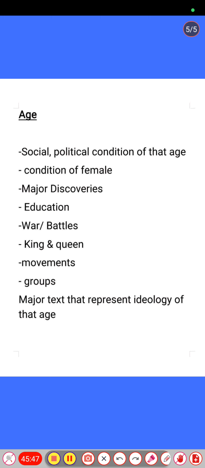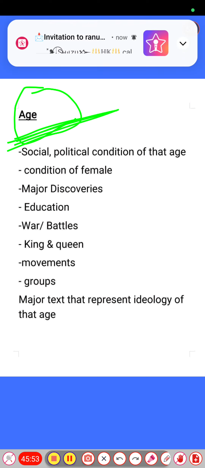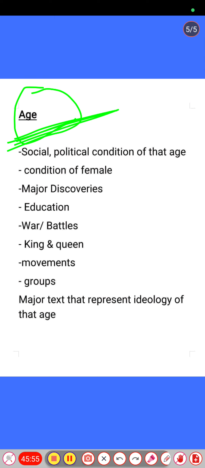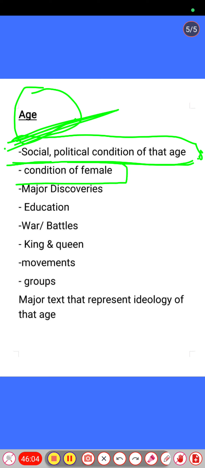Now, what to read when you are reading any particular age? Suppose you are reading any particular age, then the social and political condition of that age is very important. After that, the condition of females is very important. Major discoveries are very important.